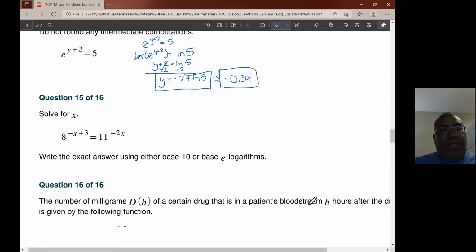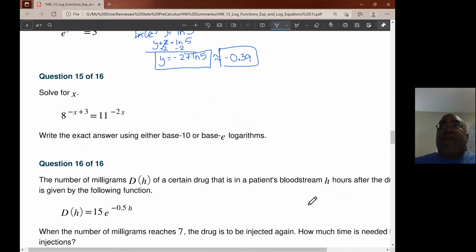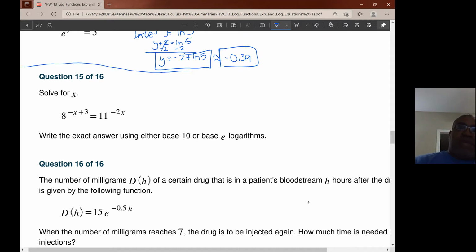Okay. All right, number 8, solve for x. We're going to need a little bit of space. Not every homework has that one problem that you have to do a little bit extra with. This is that problem. We can do base 10 or base e.